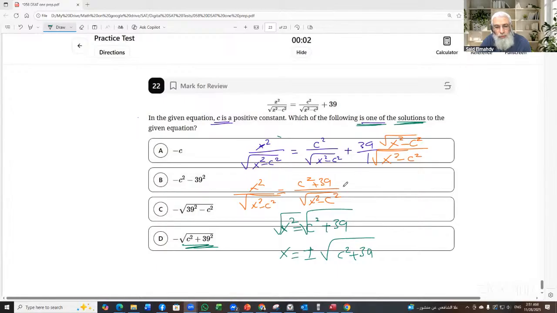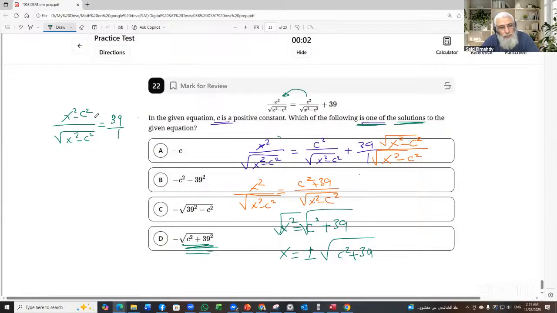We can move this to the other side, so it is x squared minus c squared divided by square root of x squared minus c squared equals 39 over 1.